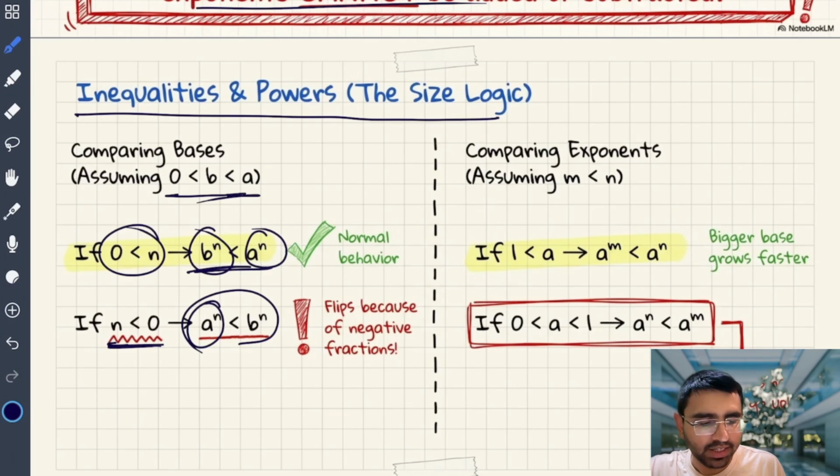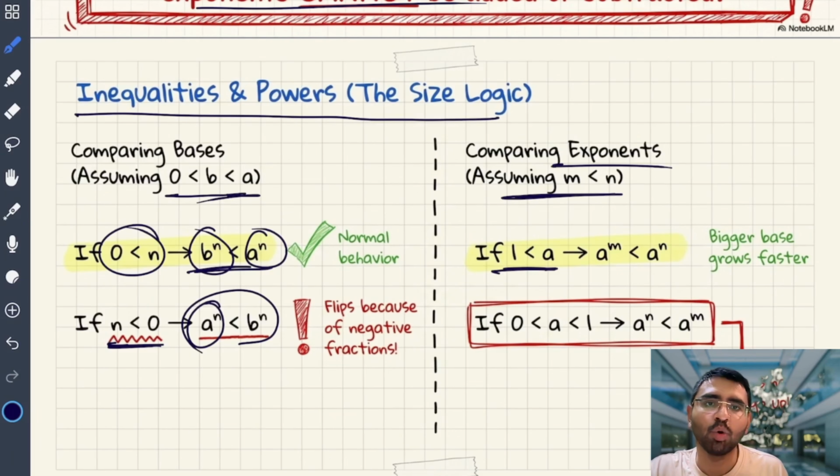Now comparing exponents, assuming m smaller than n, if a is greater than 1, then a raised to power m will be smaller than a raised to power n, because a bigger base grows faster, and n is more and base is same, so more power, the larger the number.